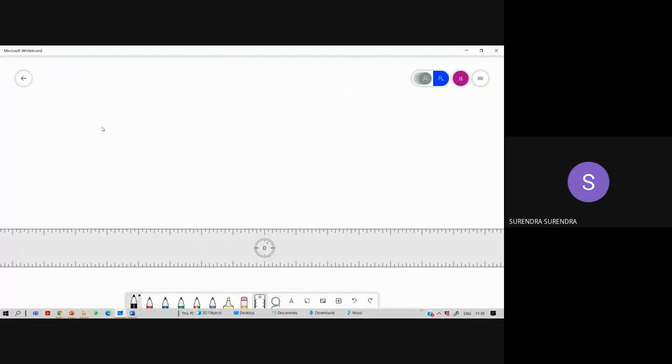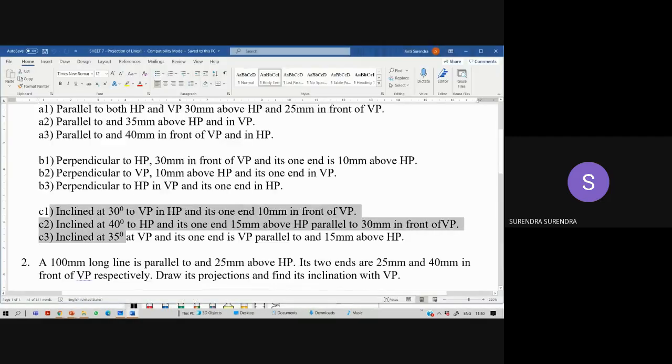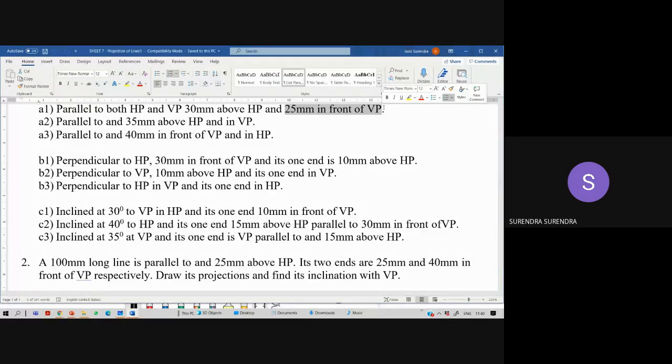HP relation always indicates the front view. In the front view, A dash and B dash are at a distance of 30 mm above the XY line. So see here, above HP means above the XY line. Next, 25 mm in front of VP. In front of VP means below the XY line. So in all conditions, the front view is above the XY line and we get the top view below the XY line.